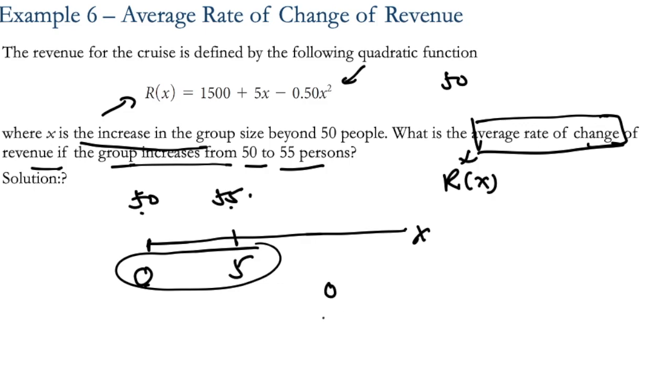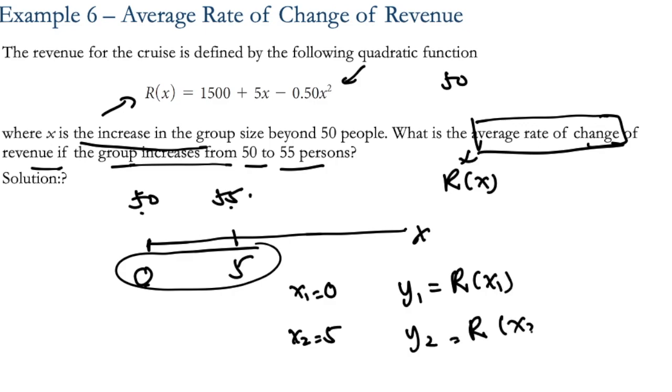So because we have the first x equal to 0, the second x is 5, then we need to find the revenue for each of them. Then we can find the average rate of change for revenue. So this is x1 equal to 0, x2 equal to 5. So y1 is what? In this case, y1 is R(x1), isn't it? y2 is what? It is R(x2), isn't it?